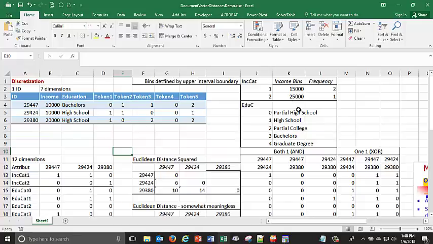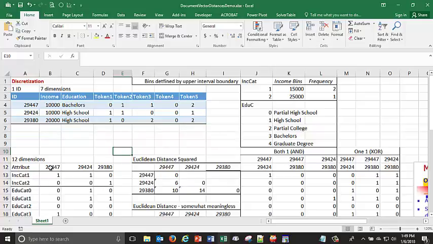So we have 3 different categories, and we now recode the first observation, 29,447, into income category 1. 29,424 also has income category 1, and 29,380 has income category 2.